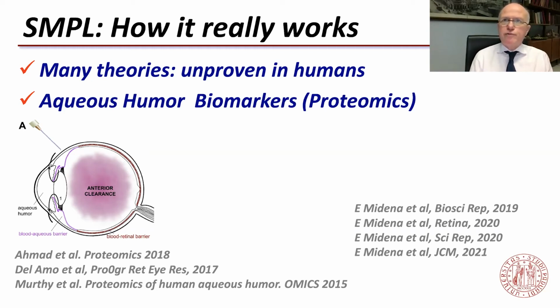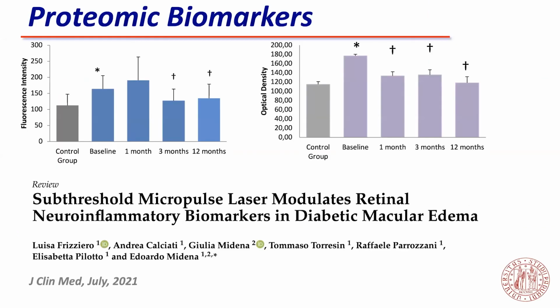Why? Because from our experience, we are looking at the markers inside the retina, not in animals, please. I don't like the animal models of diabetic retinopathy and diabetic macular edema. I want to know what happens inside the human eye, where we already demonstrated that some markers are pathologically increased in diabetic macular edema, meaning VEGF, well known, inflammatory biomarkers, previously known, some others in more detail.